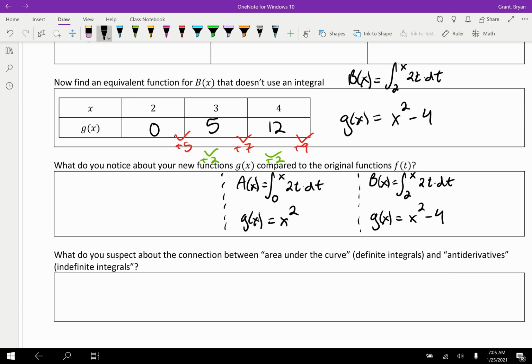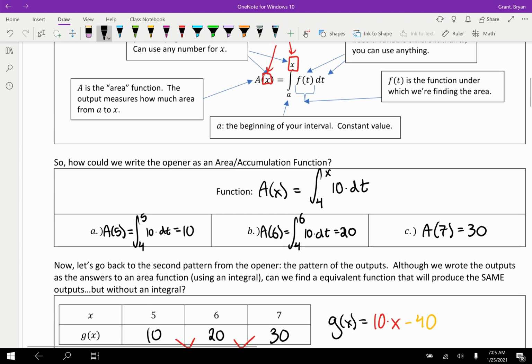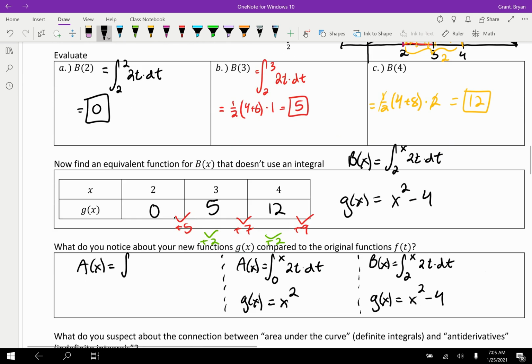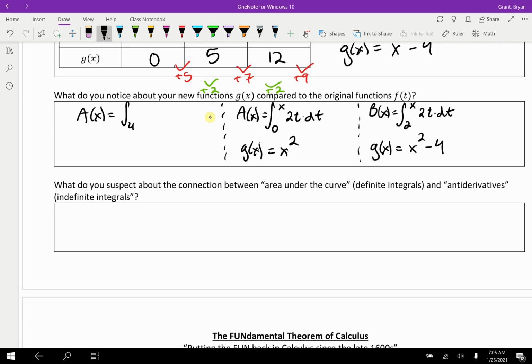Okay, and then on the first page, we had another area function, which was the integral, and I don't remember what it started with, so it started with 4, there we go. So it went from 4 to x of 10 dt, and our g of x function was 10x minus 40.